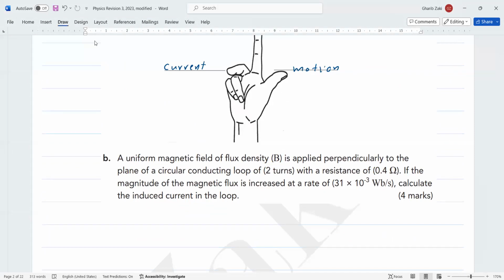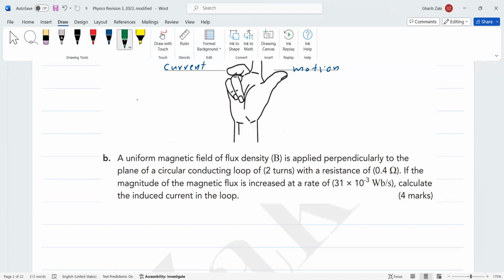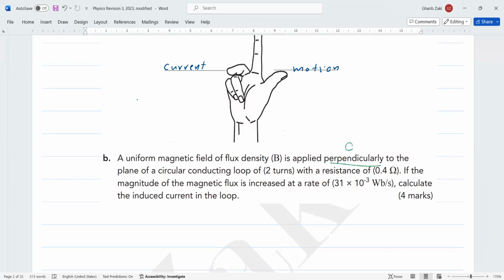I help you just for the givens. A uniform magnetic field of flux density B is applied perpendicular, so theta equals 90. Theta is the angle between magnetic flux density and area. The plane of a circular conducting loop of 2 turns, so N equals 2, with resistance R equals 0.4 ohms. The magnetic flux is increased at a rate, can you see, in Weber per second?